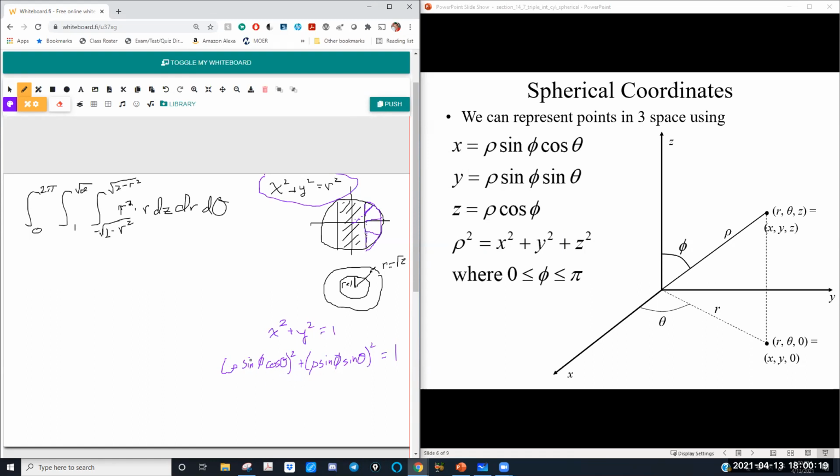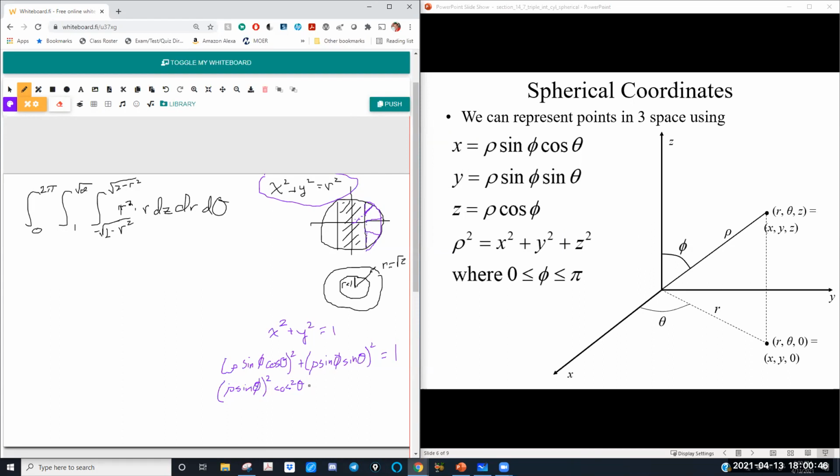That means now I can square everything. Now I'm going to have (rho sine phi) squared, and I'm leaving this in parentheses on purpose. You'll see why here in a second. Cosine squared theta. We could write it as rho squared sine squared phi, but we'd end up undoing it later.